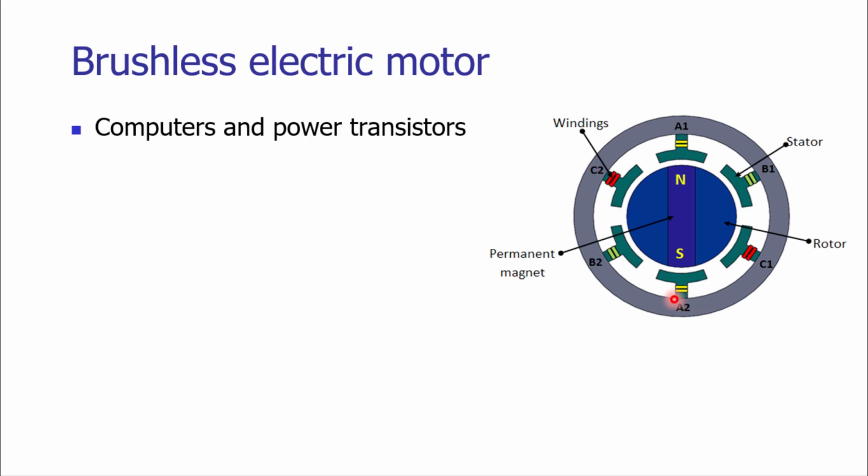Here you can see there are three pairs of electromagnets on the periphery of this circular rotor. These electromagnets are energized by using electricity, and this energization will be carried out by using power transistors and computers.